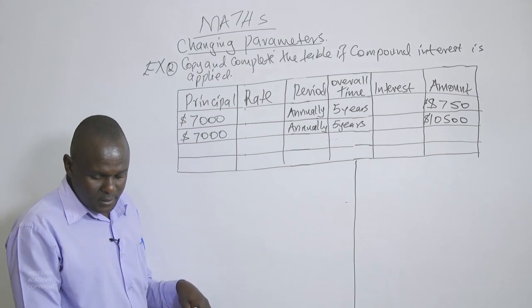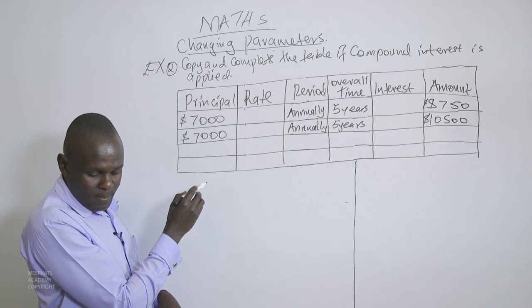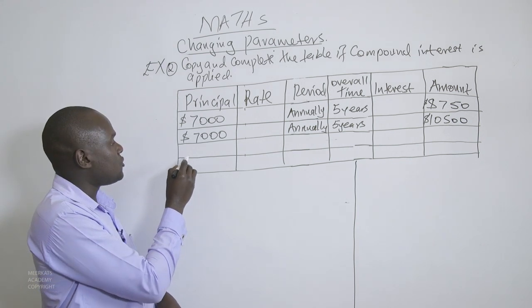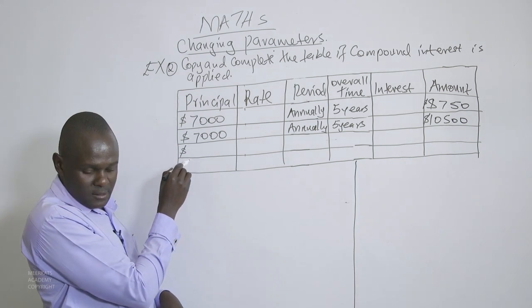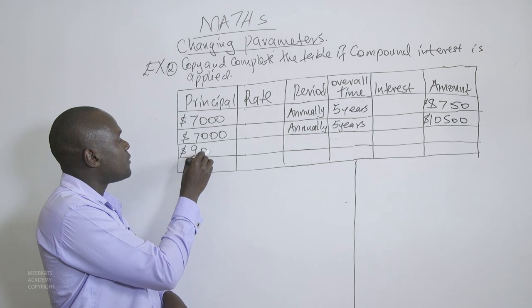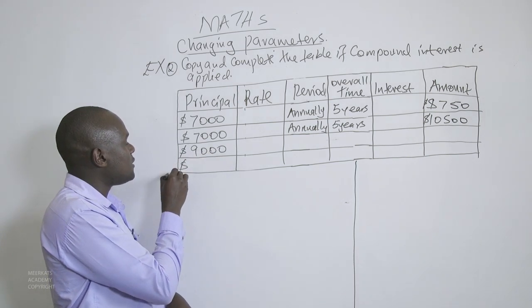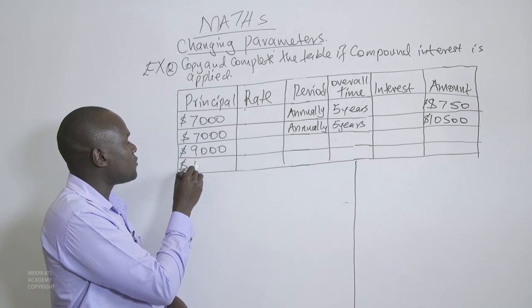And in the second case, we will be comparing the amounts when the principals are changed. In the first, we have a principal of 9,000 and it has been doubled in the second case to $18,000.